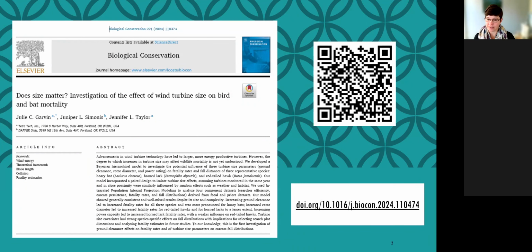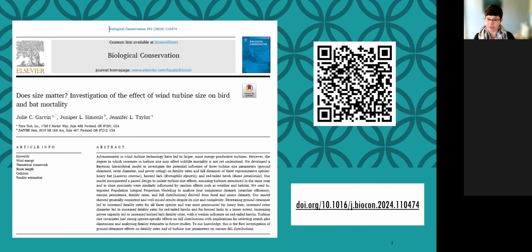So we typically have bats, and we have small birds, and we have large birds. Each of those is a nationally distributed species that's commonly found, and so those were our representatives for our analysis. But today I'm just going to focus on the analysis that we did and what we found regarding bat mortality.